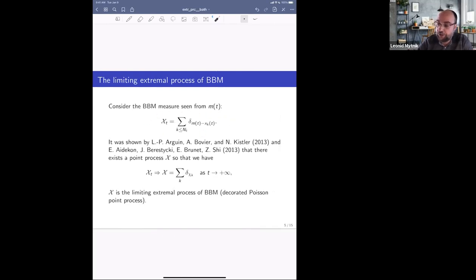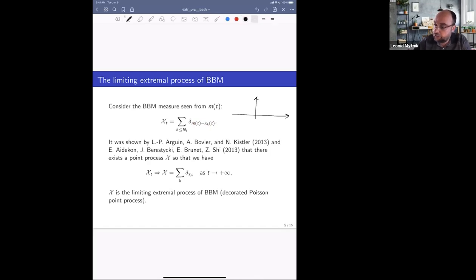What we are doing, we define the process X_t, which looks at our process around the point m_t, and again, just for simplicity of notation, we reverse it. By the way, we characterize our branching Brownian motion as a point process by a sum of Dirac measures. We put each Dirac measure at the position of the particle shifted by m_t back.